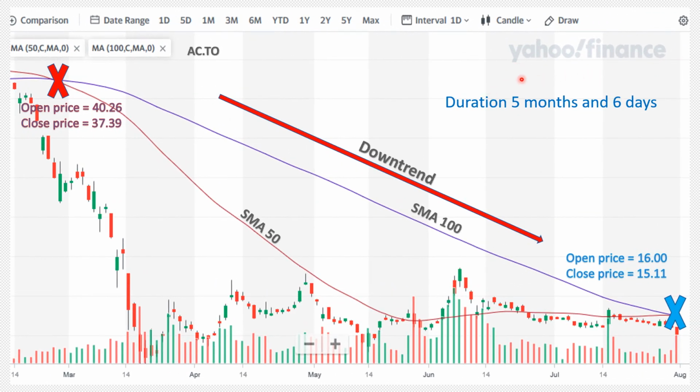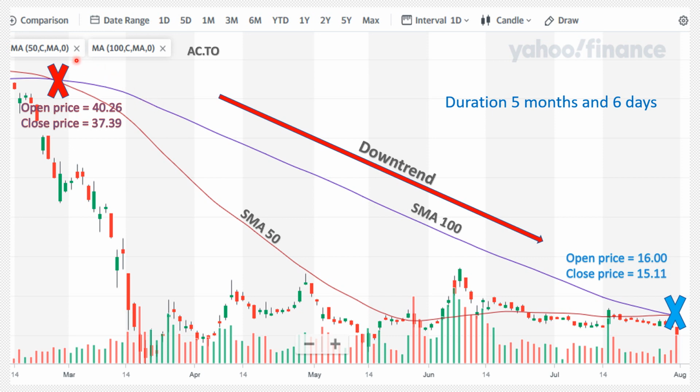This is Yahoo Finance Air Canada stock and 1D time frame. Each candle represents 1 day of trading. The first condition is the trend must be downward. It is downward. The second condition is the price must be below the longer moving average. It is true. That is longer moving average.